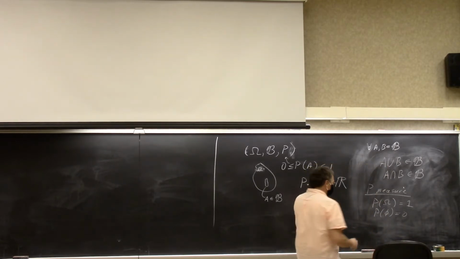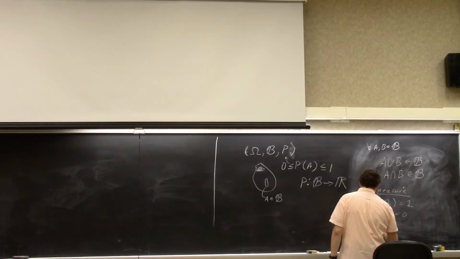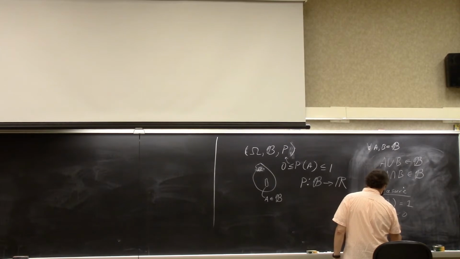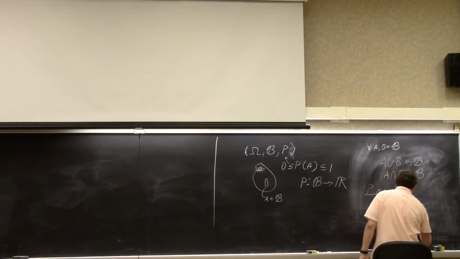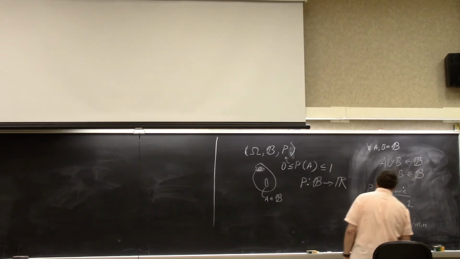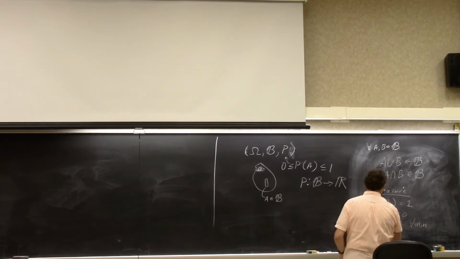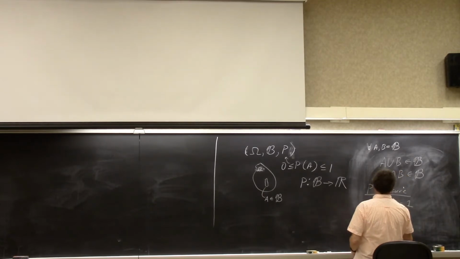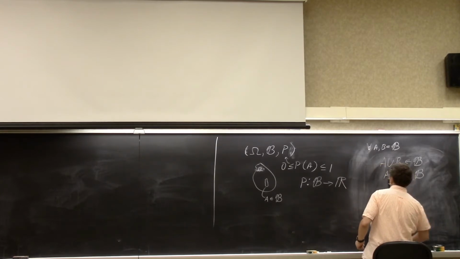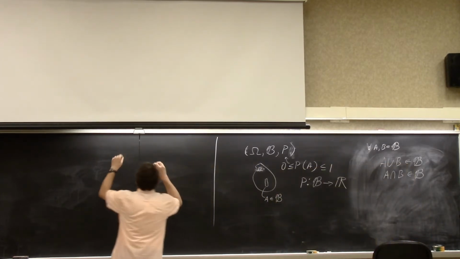And then if A_N intersection A_M is null for all M and N, then the probability of the... oh, I'm running out of space here. I'm sorry. Let me just rewrite this so it's a little bit neater. I hate being sloppy.